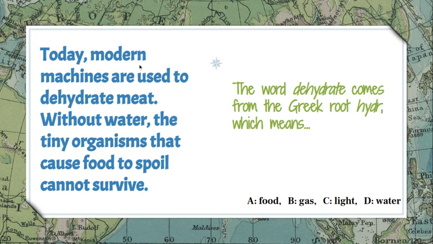So make sure you're using context clues. It says modern machines are used to dehydrate meat. Here's that Hydr. That's the Greek root. But what does that mean? The next sentence can give you a clue. It says, without water, the tiny organisms that cause food to spoil cannot survive. So that root, Hydr, hydra, means what?